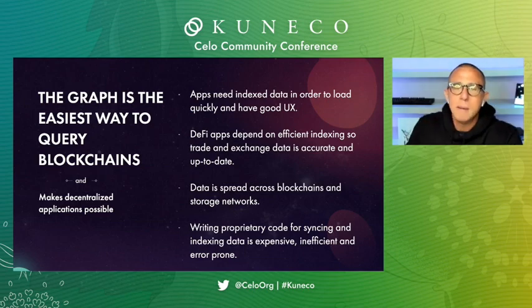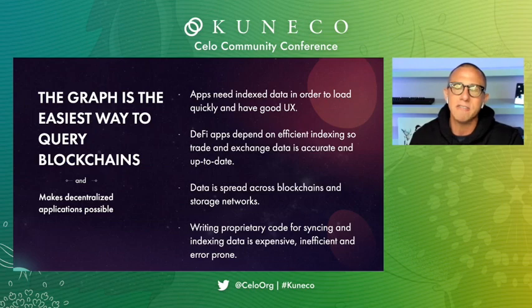in the Web2 world. But I think what is obviously missing in the Web3 world is this data layer. And you're seeing a lot of different approaches to filling this need. But when you look at the different ways that people are querying blockchain data, you very quickly come to the conclusion of a couple of things.